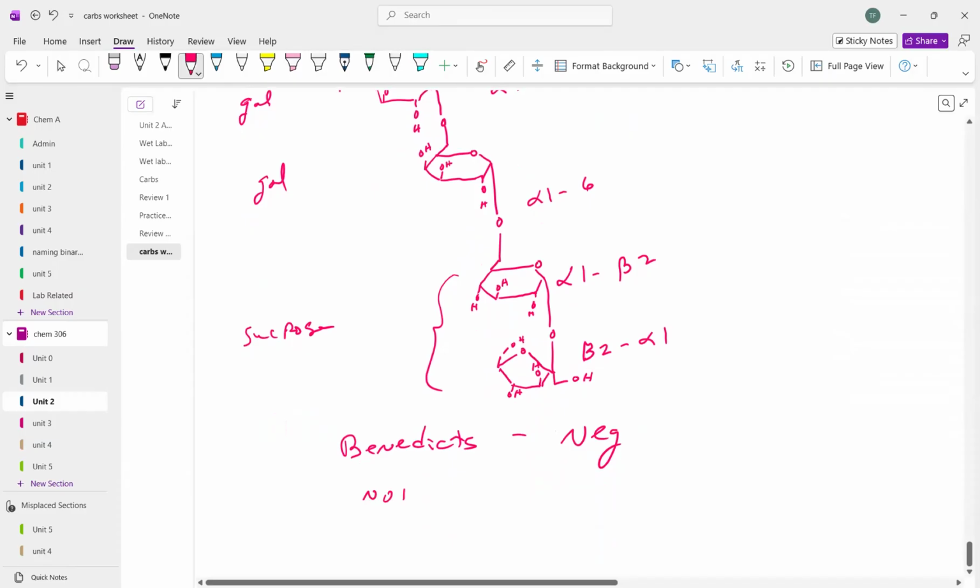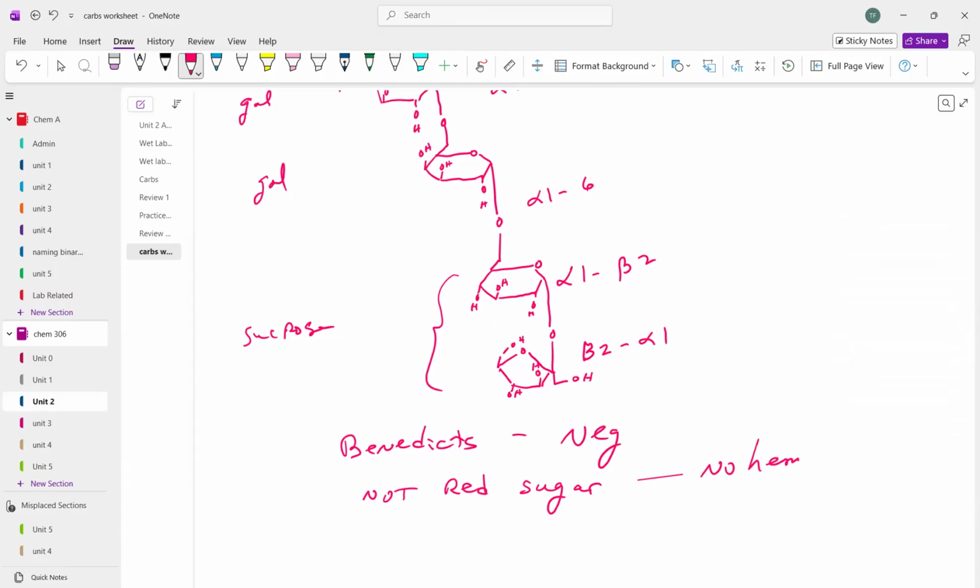So not a reducing sugar, because there are no hemiacetals.